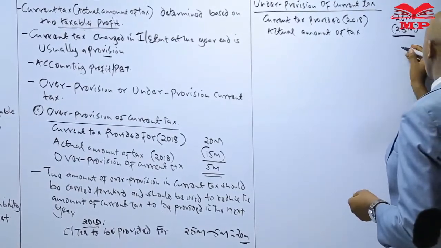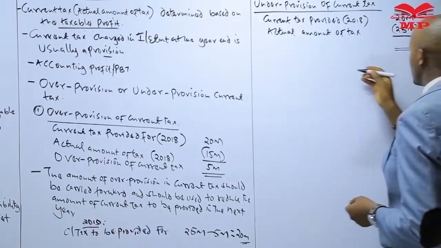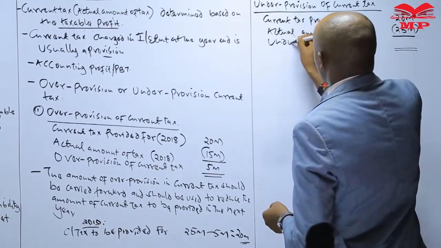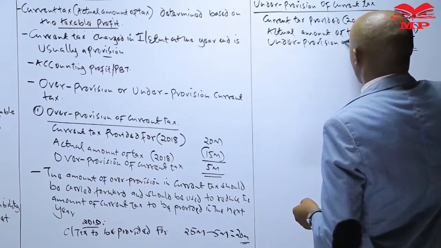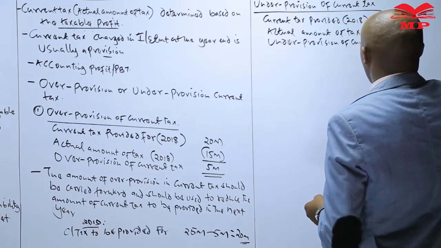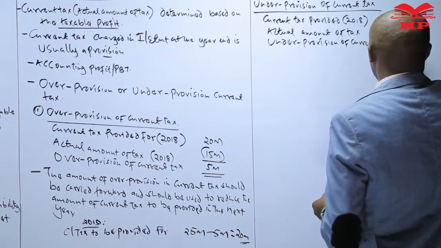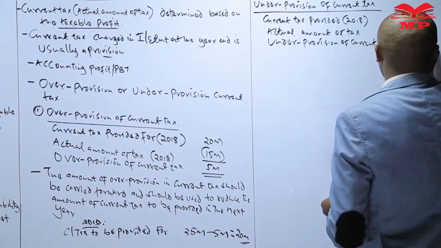That means we will have what we refer to as other provision of current tax, which in our case will be 5 million.